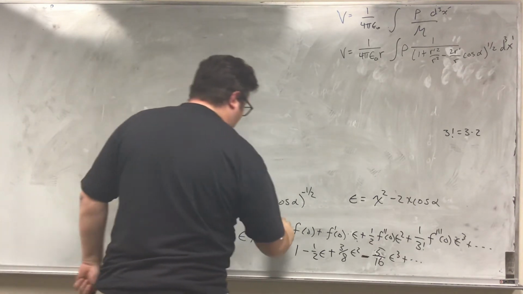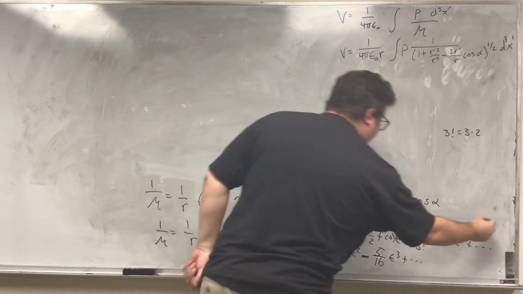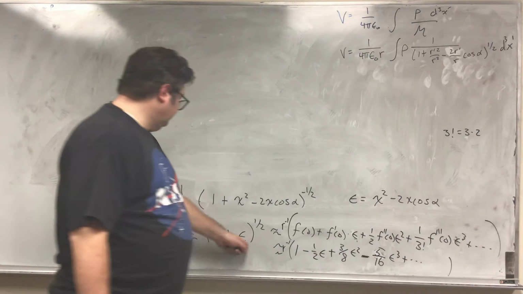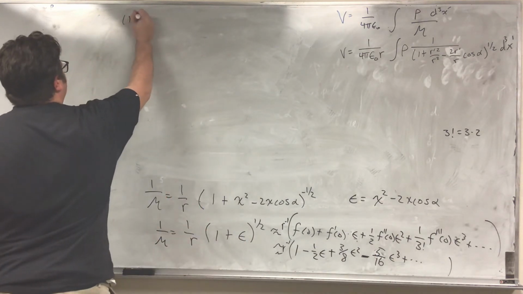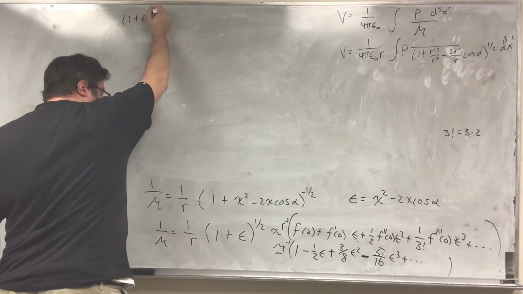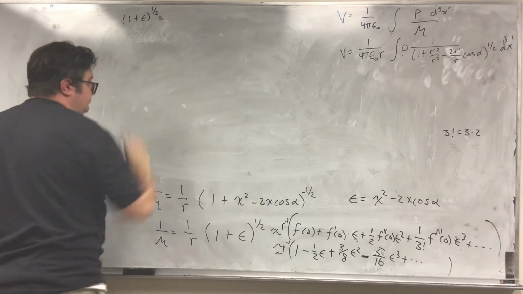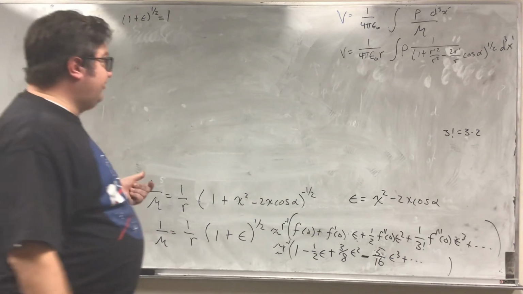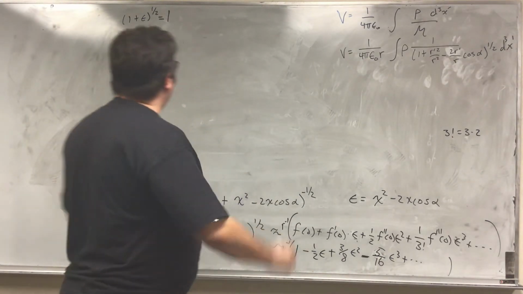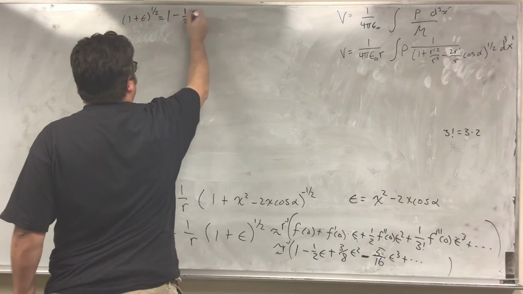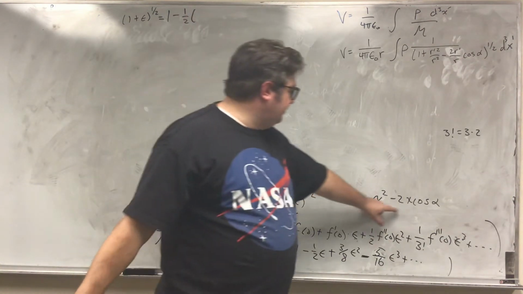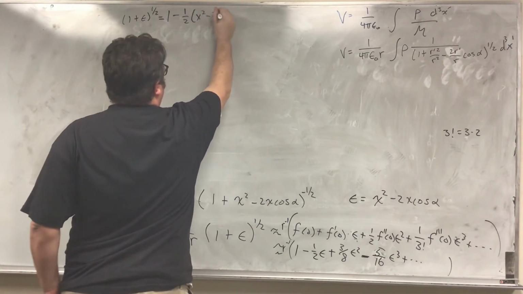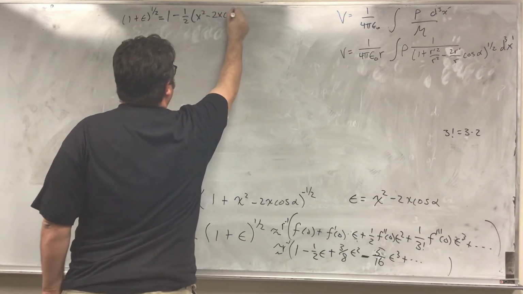Sorry, of course there's an r to the minus 1 over all of this, right? Because what we really care about is the 1 plus epsilon to the 1/2. All right, so the first term is 1. The second term is minus 1/2 times epsilon. This is what epsilon is: x squared minus 2x cosine alpha.